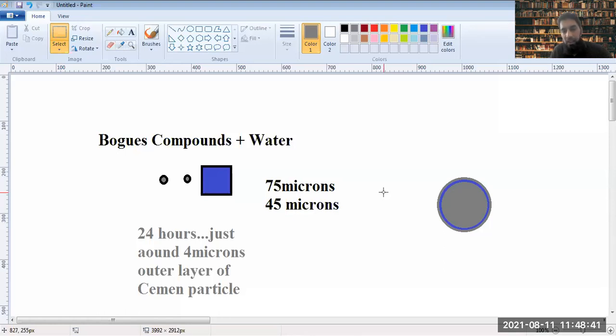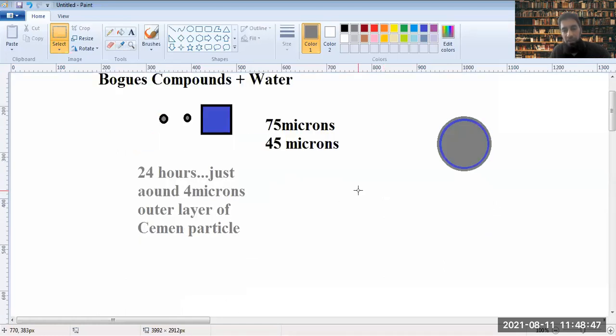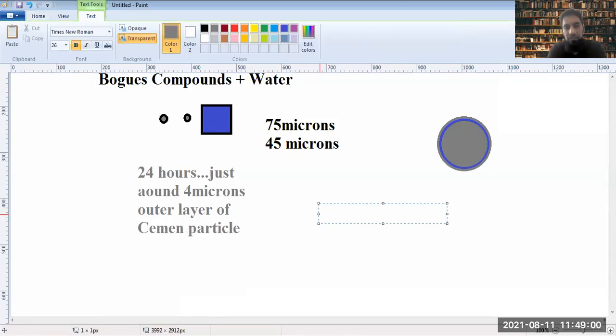So that layer which is reacting with the water, which is undergoing hydration, forms the hydration products. Now there are 4 Bogue's compounds. In the outer layer, they will interact with water. The first one was C3S.